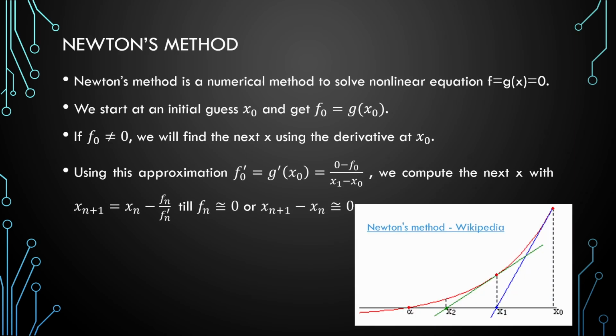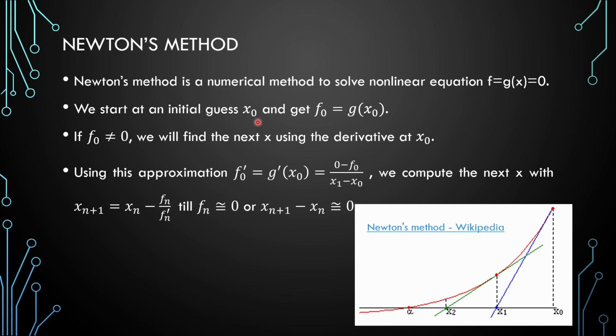So what is Newton's method? It is a numerical method to solve a nonlinear equation f, which is a function g of x, equals 0. To solve it, first we start with an initial guess, x0.